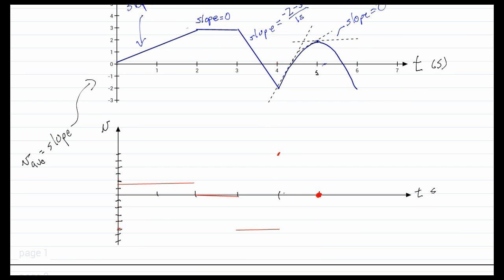And because this is a parabola, the position is a parabola. The velocity over here at 6 seconds should be the same as at 4 seconds, but negative. So whatever it is, at 6 seconds, it should be somewhere down here.